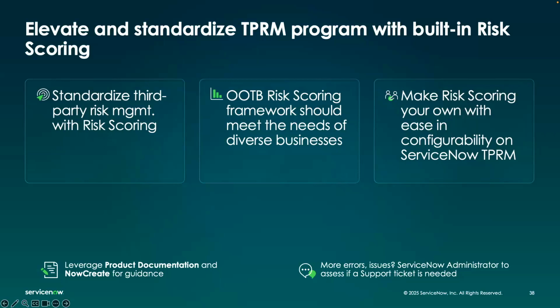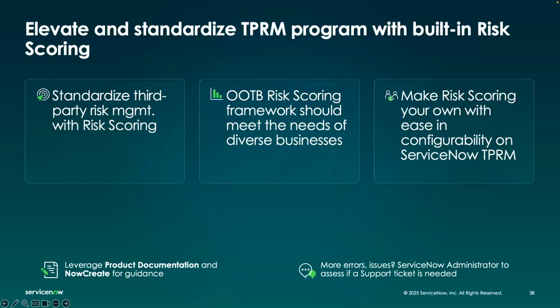Components define where the risk is coming from, that is, your assessments, subsidiaries, engagements, risk intelligence, whereas risk areas define what kind of risk is present. Example, security, compliance, financial, etc. Each can be weighted and customized to reflect your organizational priorities.